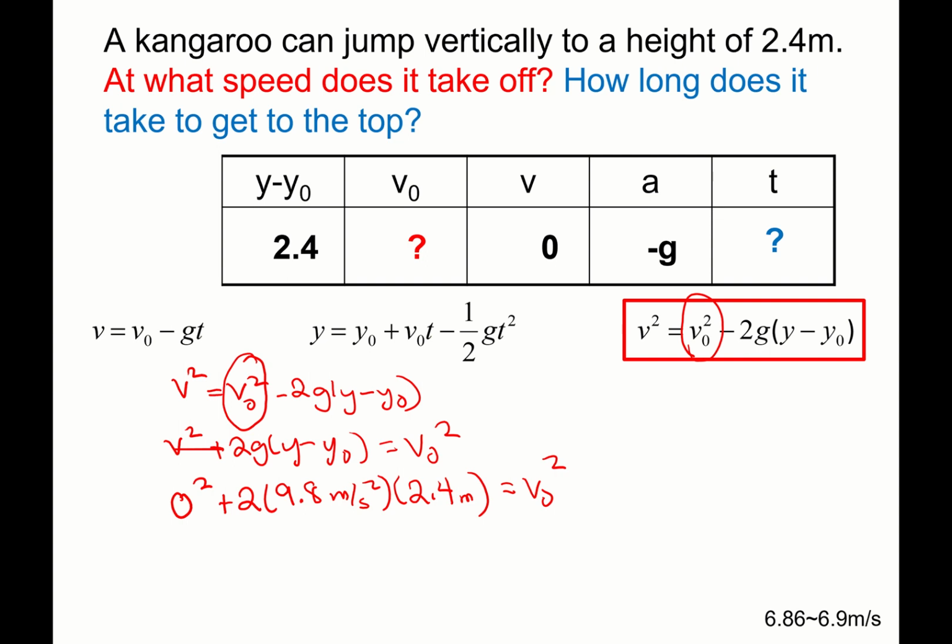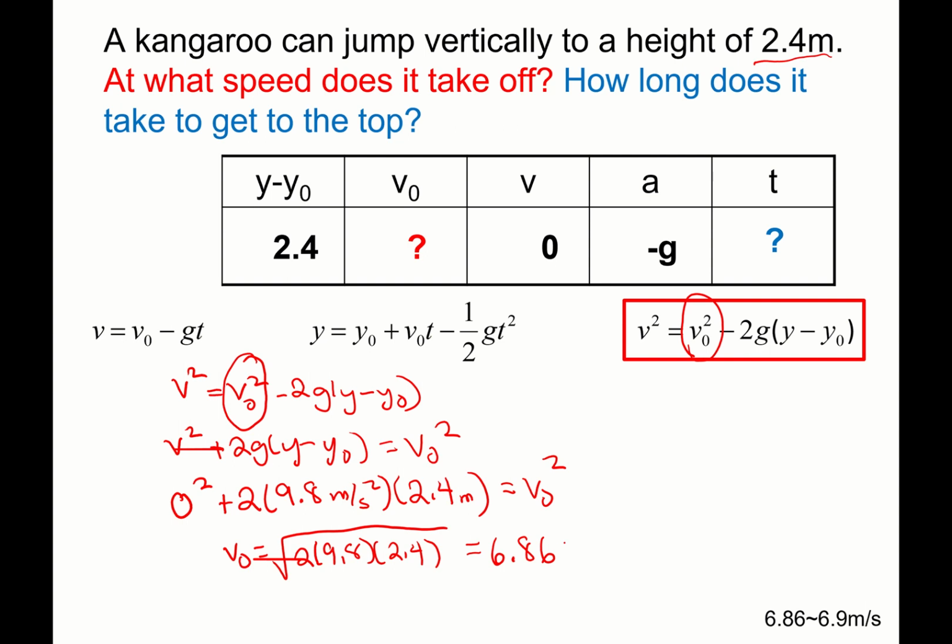So put that into your calculator. Remember, you need to take the square root to get v0. So v0 is equal to the square root of 2 times 9.8 times 2.4. You put that in, you get 6.86. And what are we going to round it off to? Well, the only number we had was 2.4 meters.